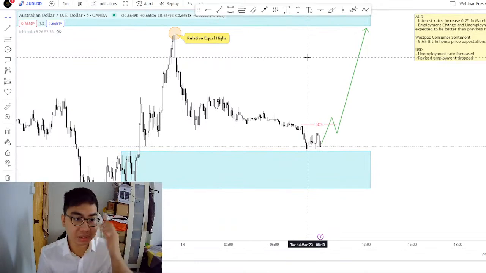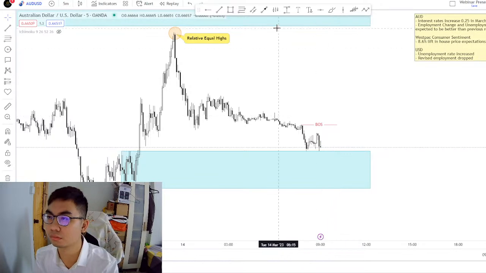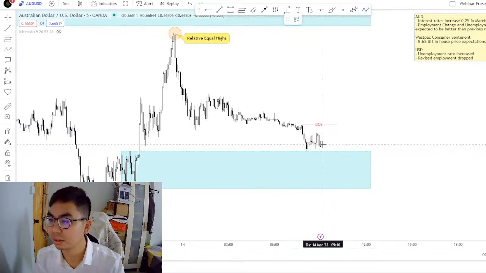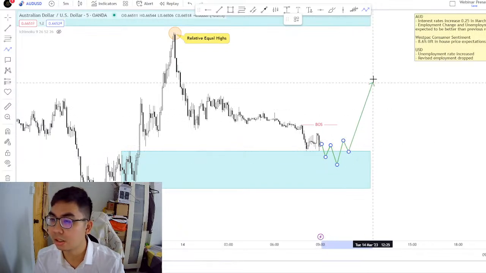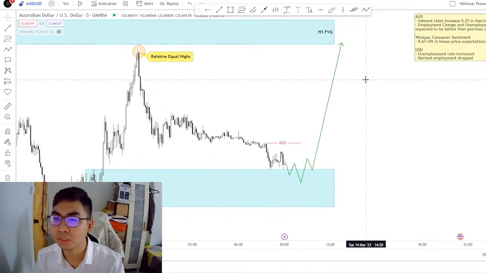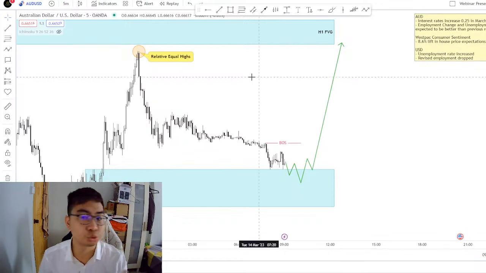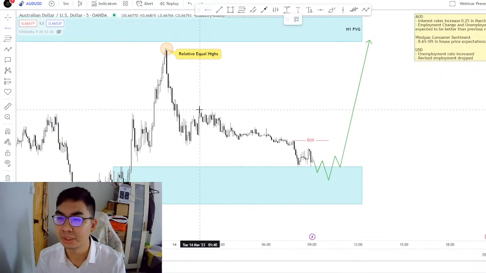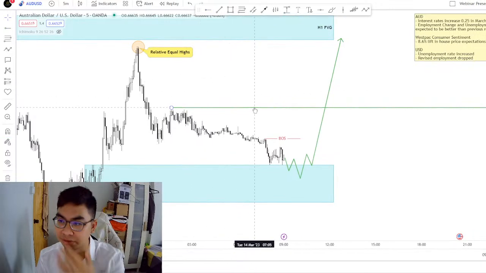If price goes lower, goes down like this, I'll be looking for a high to be formed, price to break, I'll enter, and for price to continue moving towards the upside. You can have potential take profit 1, take profit 2, take profit 3. For me personally, I'm looking at this area, relative equal highs right there.